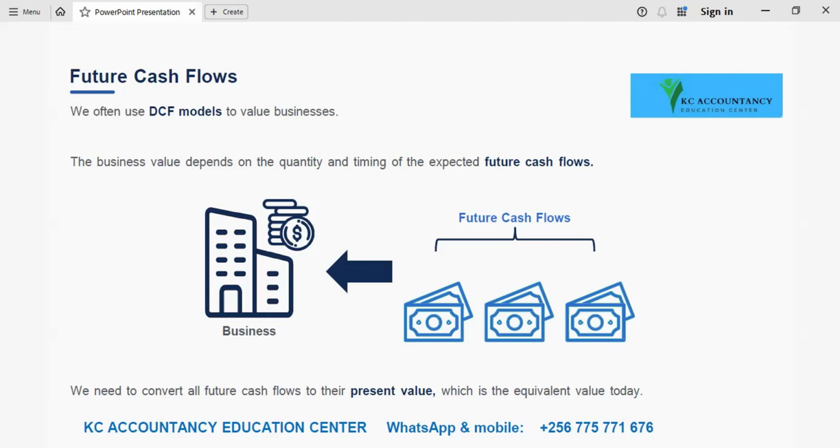The reason why we are doing it is because we are valuing the business today, but the business itself only anticipates to receive some cash flows. Remember, these cash flows may be outflows or inflows. In other words, the business is spending and it is also earning.